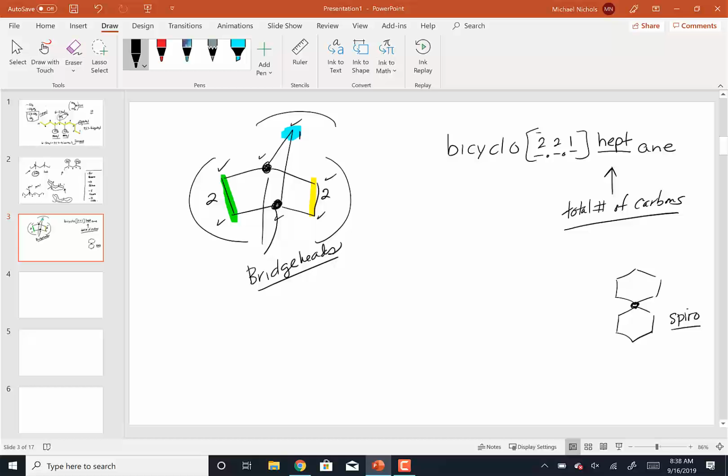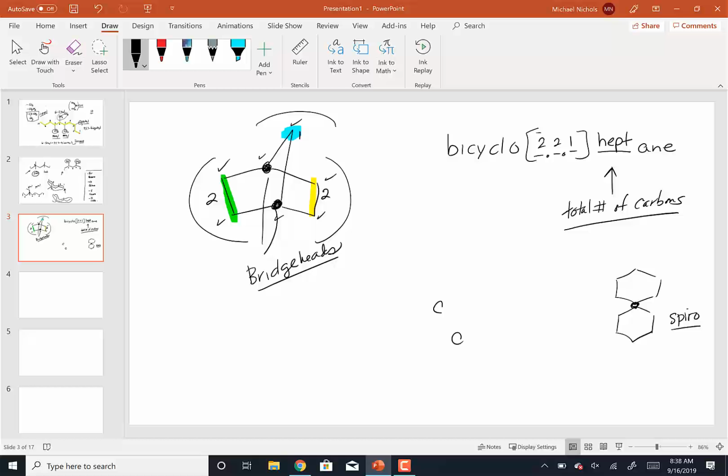So with bicyclics, this would be a bicyclo 2.2.1 heptane. And thinking about that name, what it means is that if somebody said, hey, draw me a bicyclo 2.2.1 heptane, you would say, okay, I have 2 bridgehead carbons.